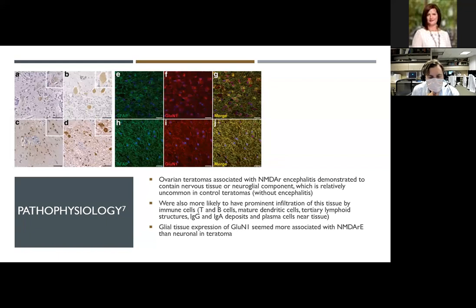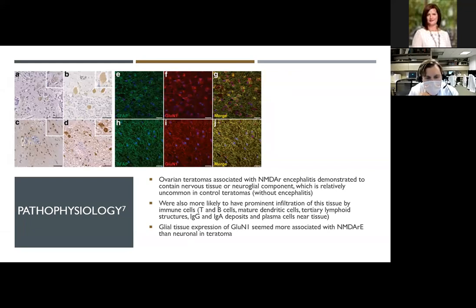One of the more common ones we see, and which is kind of used as a model system for a lot of what we're talking about today, is NMDA receptor encephalitis with ovarian teratomas. It's been noted that ovarian teratomas are a mixture of a lot of different types of tissue that's not supposed to be there.